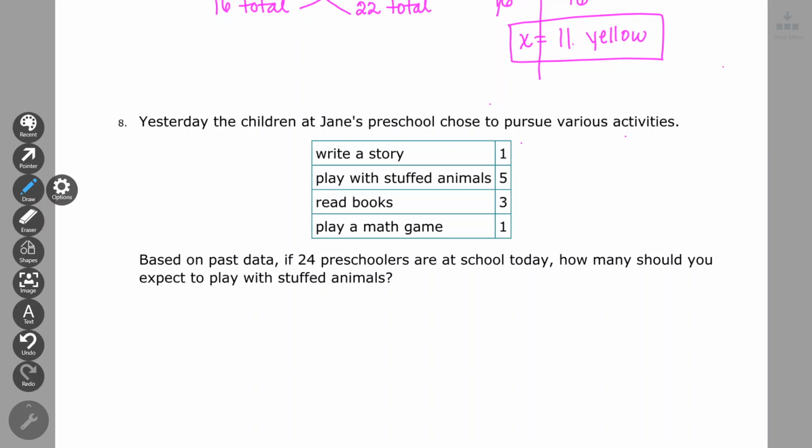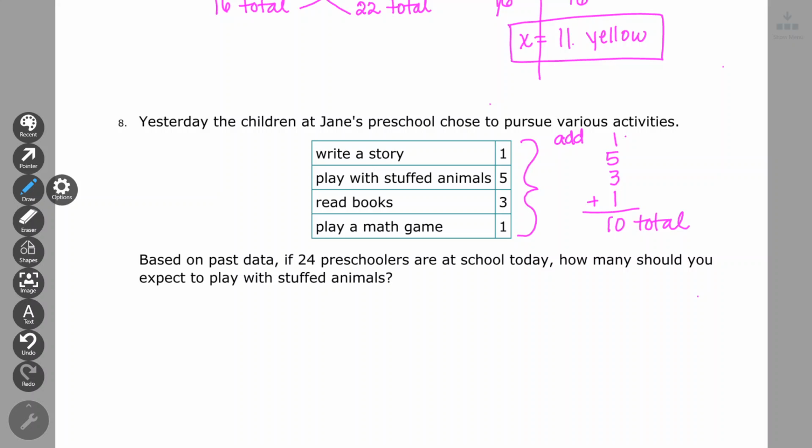All right, just like before, we've got to add these together to get the total number of students. 1 plus 5 is 6, plus 3 is 9, plus 1 is 10. So there are 10 total students in this scenario.